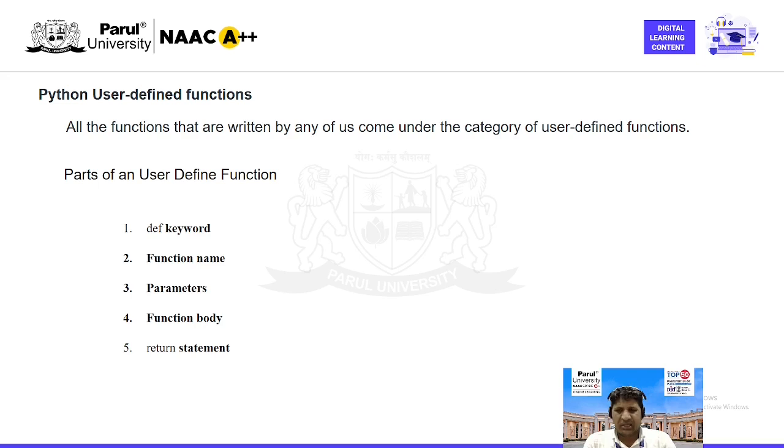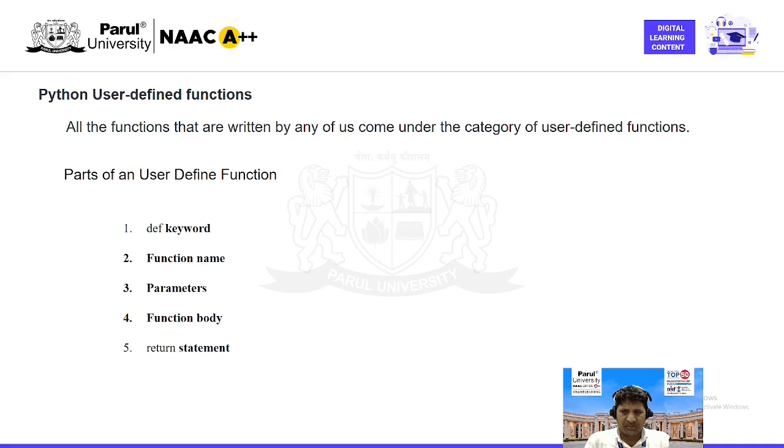There are basically five parts of a function. The keyword: whenever we define a user defined function, we need to use the keyword def. The second part of a function is the function name. Then parameters, you can pass function parameters.